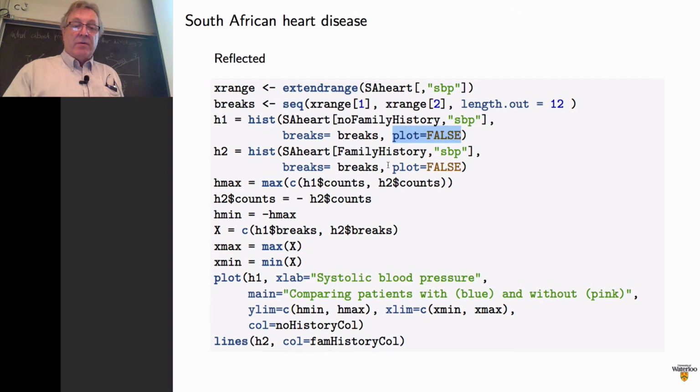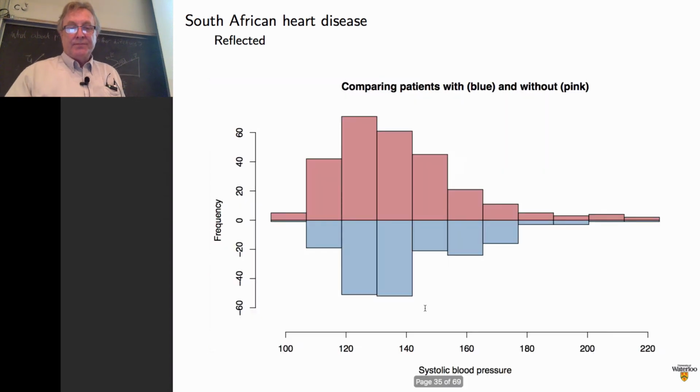I've got the histogram objects in both cases, and I get the counts there, and then I plot one. I have to flip one of them upside down, so there's a little work here. I plot the first histogram in the right scale, and then the second one I plot with the lines. So there we go.